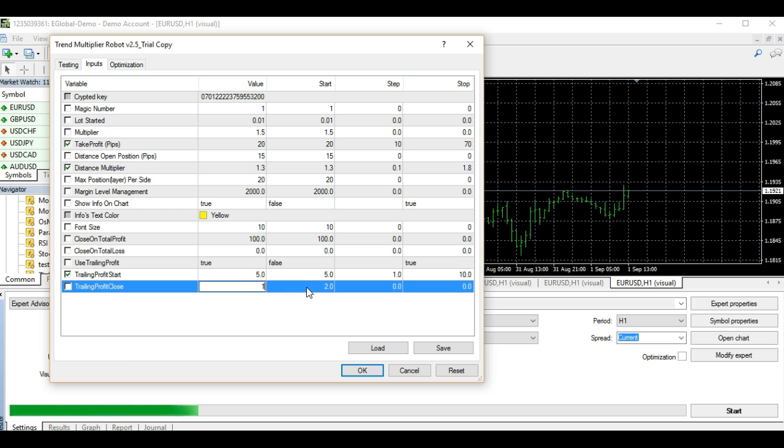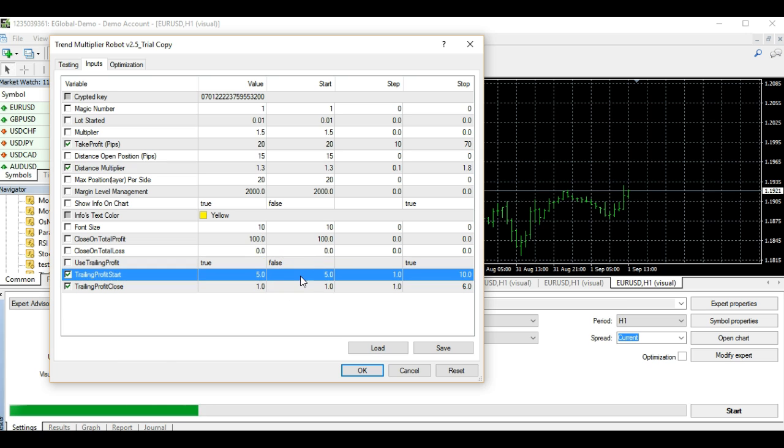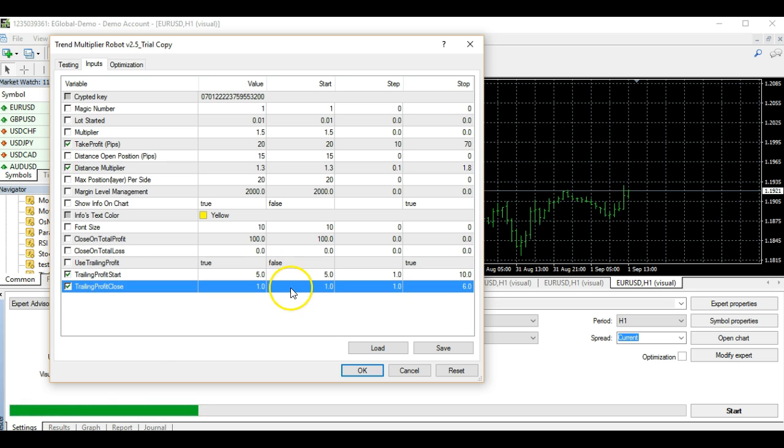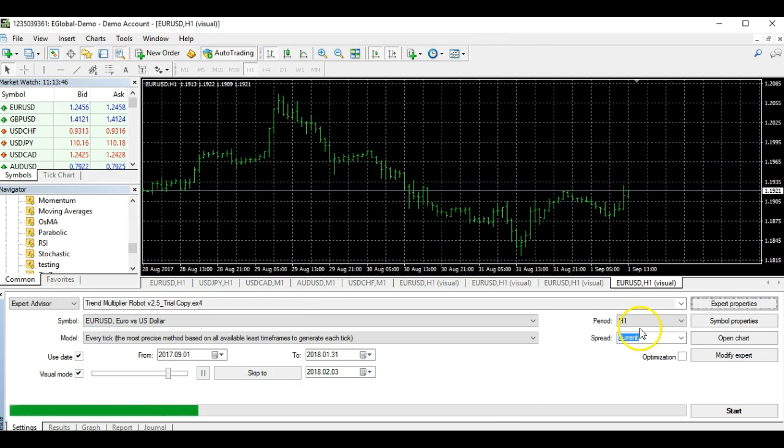So the moment it reverses by $1, I have already earned 5, and I will end up earning $4.